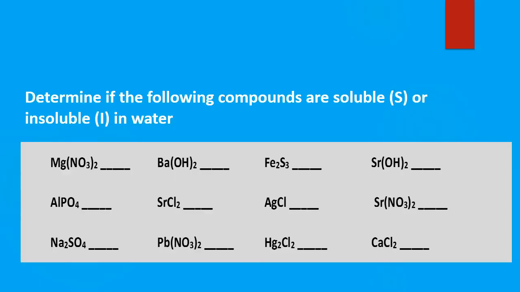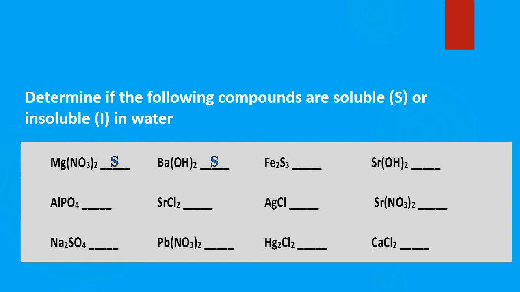So let's look at these. We have magnesium nitrate. If you look at your rules, you know that all nitrates are soluble. So that's going to make it soluble. Barium hydroxide. Most hydroxides are insoluble, and barium is one of the exceptions. So that makes it soluble. Iron(III) sulfide.